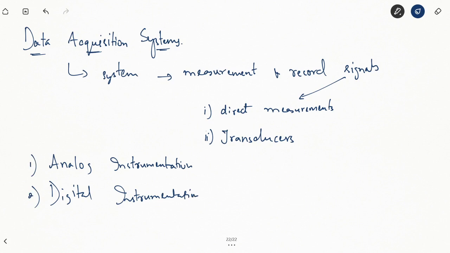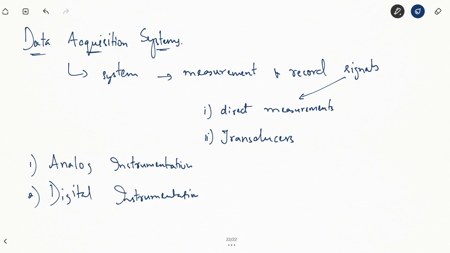As we understand, the analog systems will basically deal with the information in the analog form, while the digital systems will deal with the information that may be in the discrete domain, or you can say the digital domain, and the magnitude will be varying discretely with respect to time.